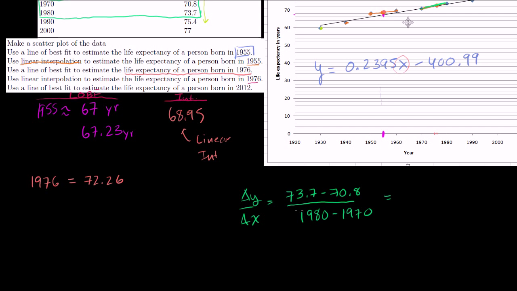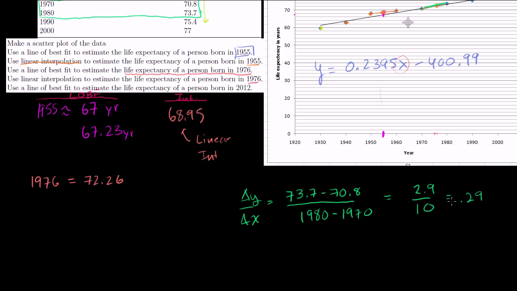So this is going to be equal to, let's see, 3.7 minus 0.8 is 2.9. So it's 2.9 over 10, or it's equal to 0.29. We change 2.9 years in life expectancy every 10 years over that time period right there, or 0.29 per year.